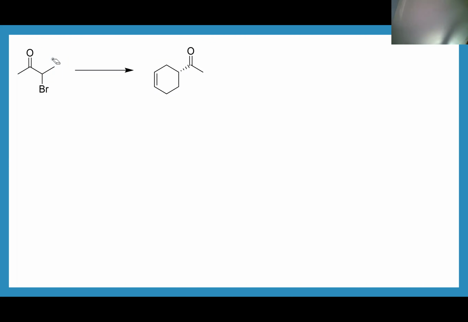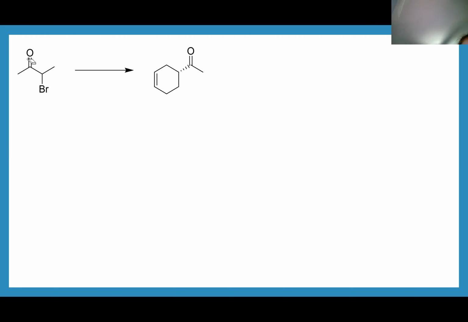So seeing that this has a ketone and has 1, 2, 3, 4 carbons total, which piece of the molecule do you think this is going to make? Is it going to make our diene or our dienophile? A dienophile? Yeah, we could make our dienophile really easily from this.